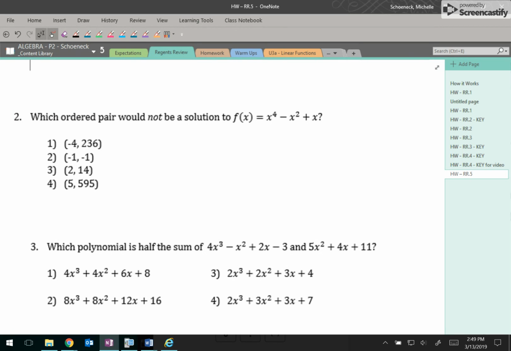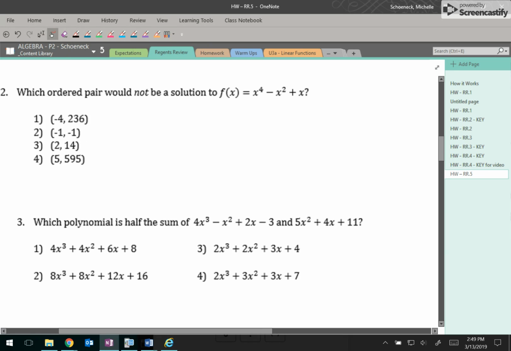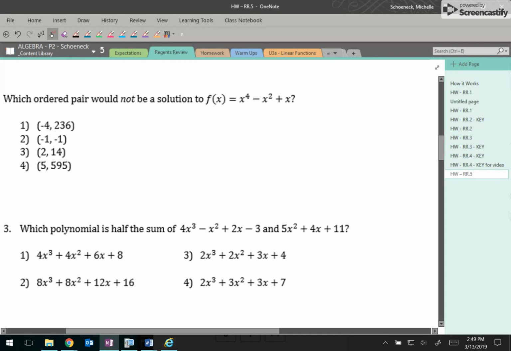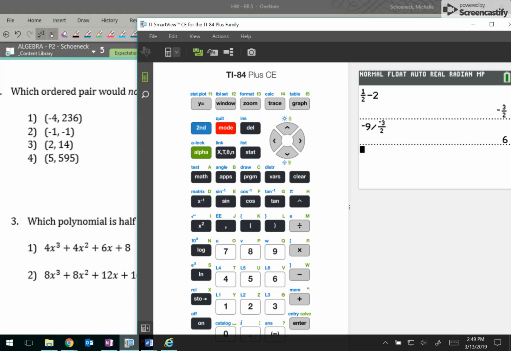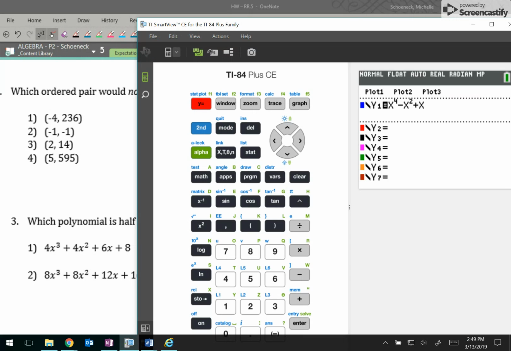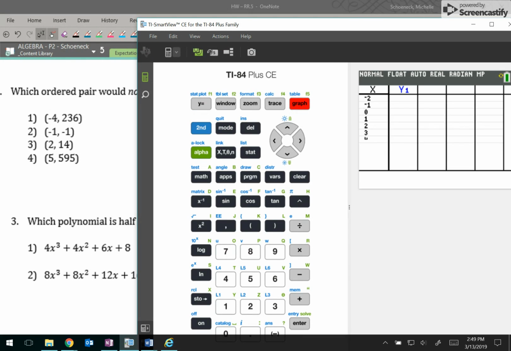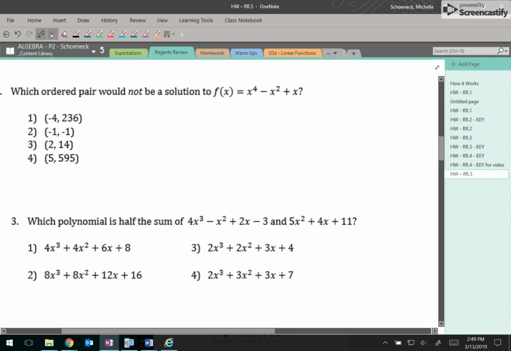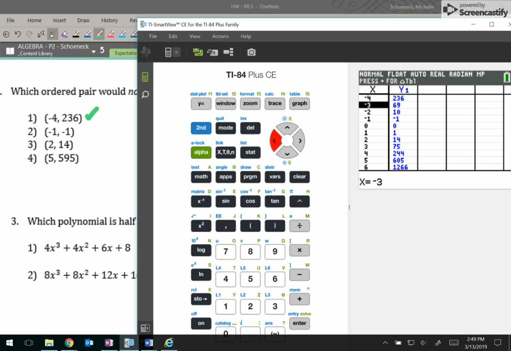Number 2, which ordered pair would not be a solution for that equation? So we are going to type that into y equals and take a look at the table. In y equals, I already got it there. When x is negative 4, my y value is 236, so that one works. When x is negative 1, my y value is negative 1.